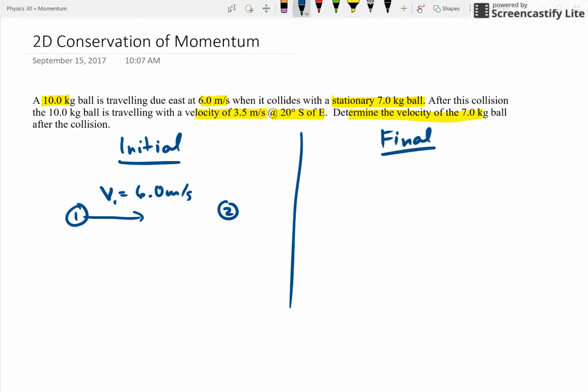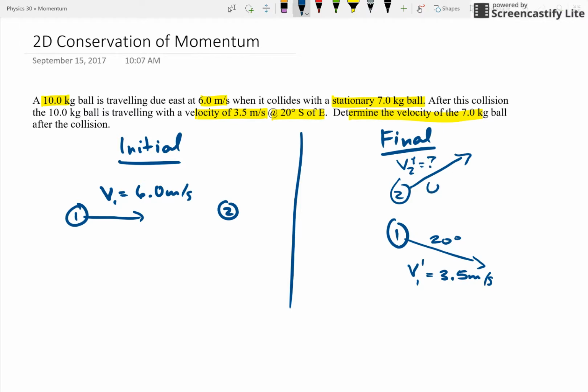Ball number 1, the 10 kilogram ball, is moving at 20 degrees, with a velocity, I'll put prime because it's after, of 3.5 meters per second. Ball 2, the one that was stationary, must be moving up in the northeast quadrant. This is the velocity that we want to find.